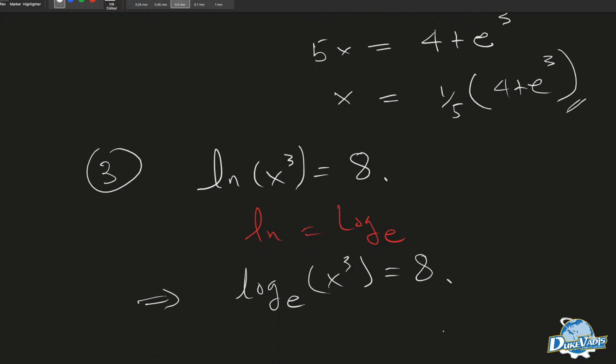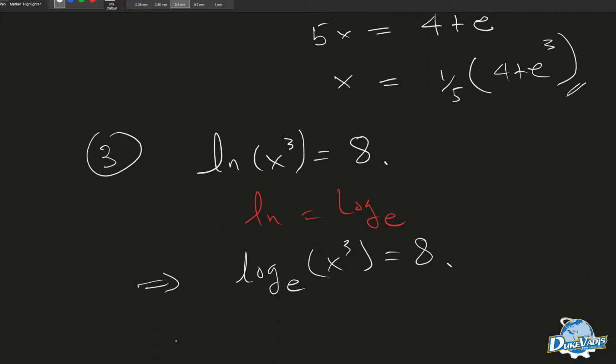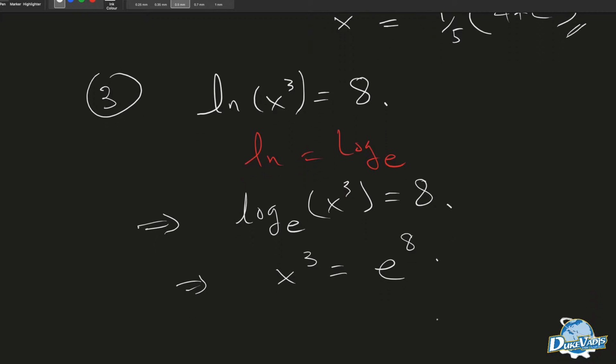We know that this can be written as x cubed is equal to e raised to the power 8. So how do we find our x? Our x will be the cube root of e raised to the power 8. This is the value of x.